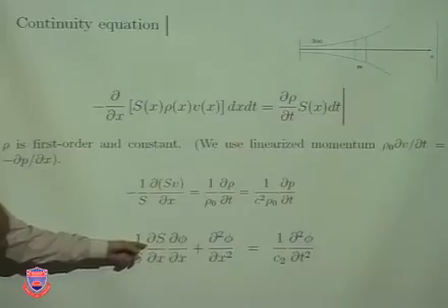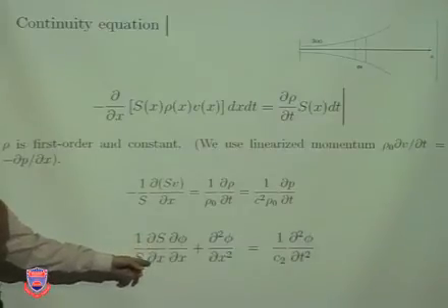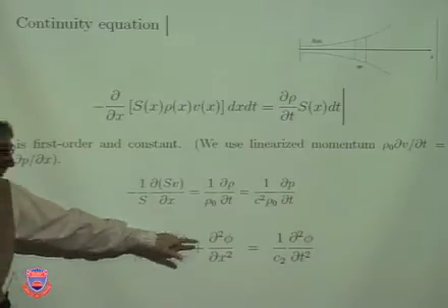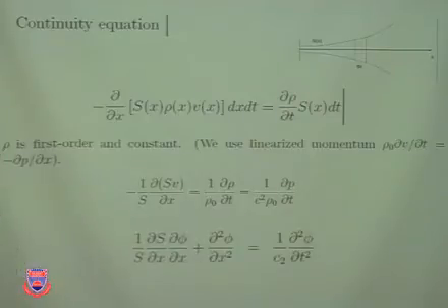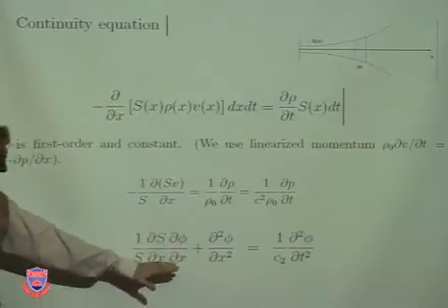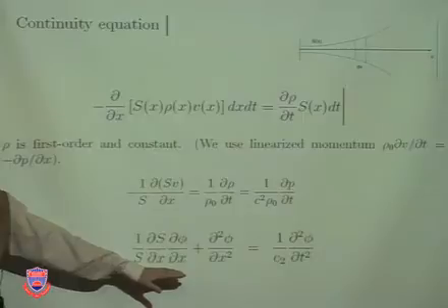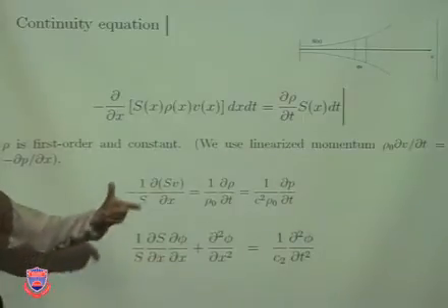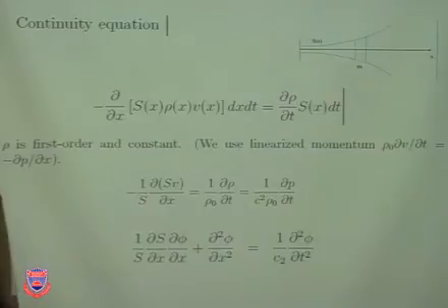Cross-sectional area. If the cross-sectional area did not change along the length, what would happen here? This term would disappear, and you end up with the normal wave equation. Okay? So this is the component. The first part of the left-hand side is what is brought in by the variable cross-section of the duct or the pipe.